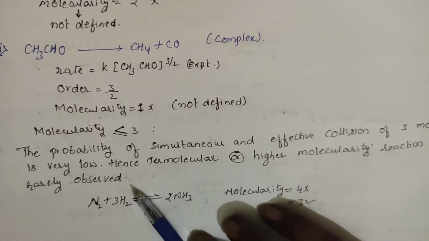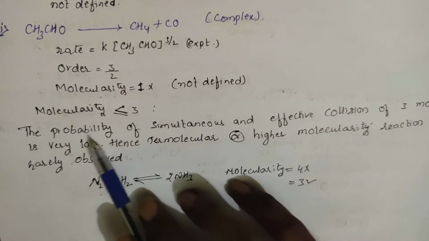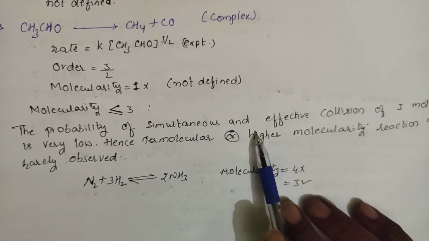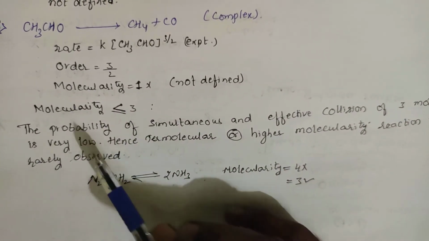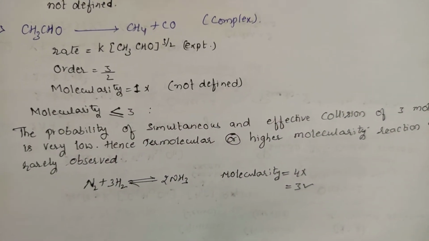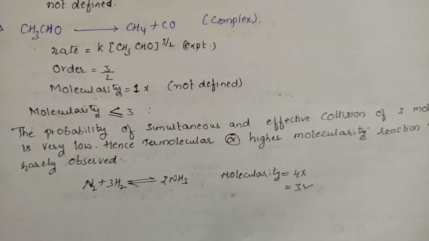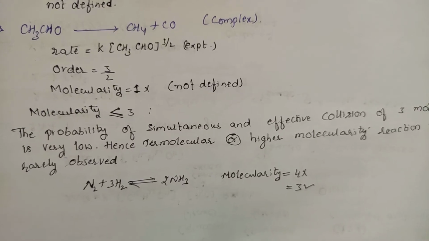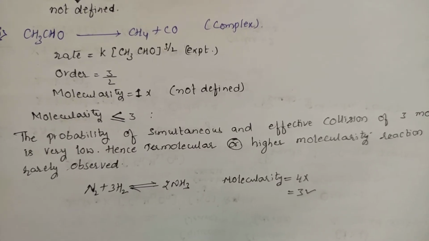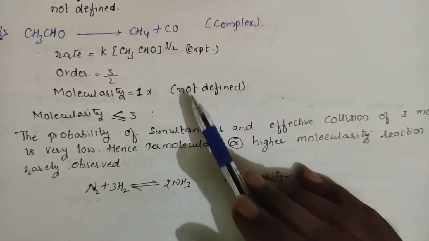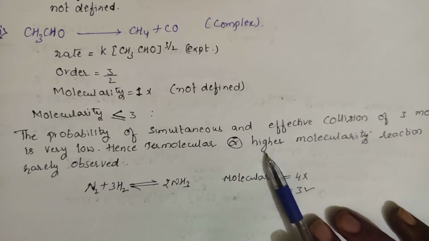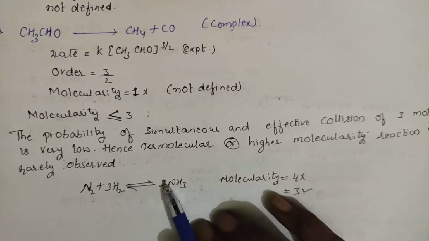So what is the definition of molecularity? Molecularity means the number of atoms or molecules or ions that are colliding in a rate determining step, that too in an elementary reaction. So it will not exceed 3. Hence higher molecularity reactions are not possible.